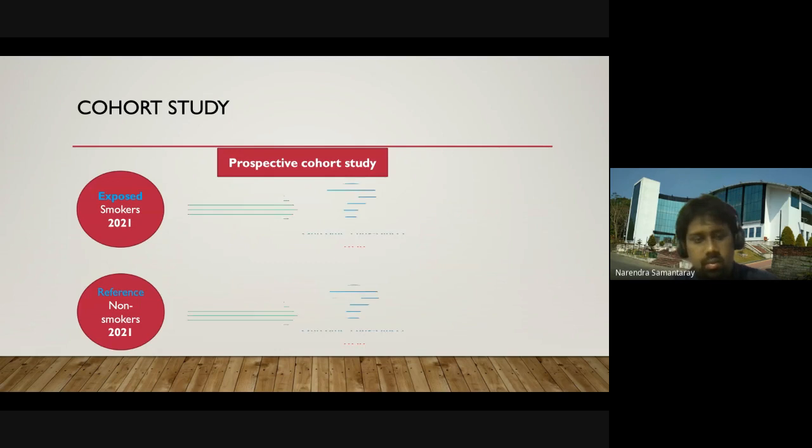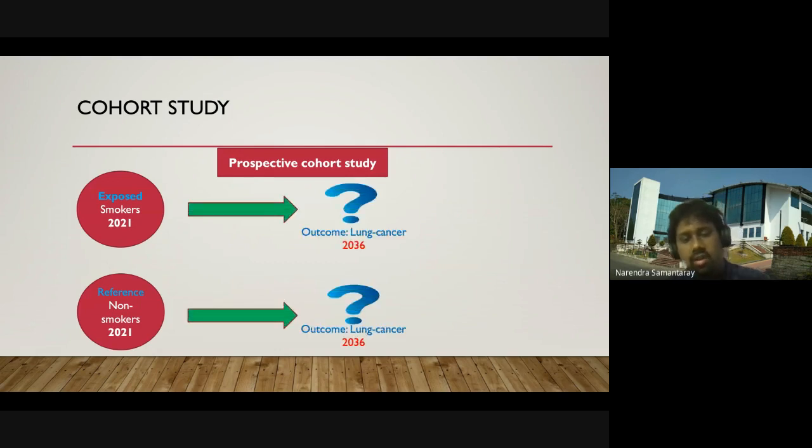So I'll wait and follow the individuals for 15 years, say until 2036, and then compare the outcome. Within the exposed group, how many have developed lung cancer, and in the non-exposed group, how many have developed lung cancer?